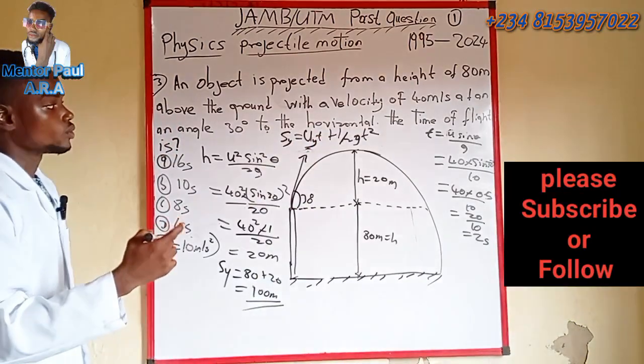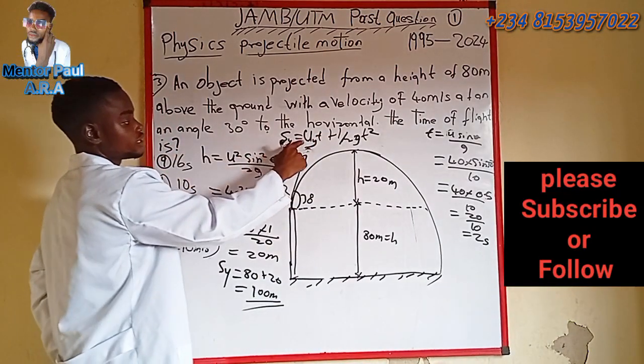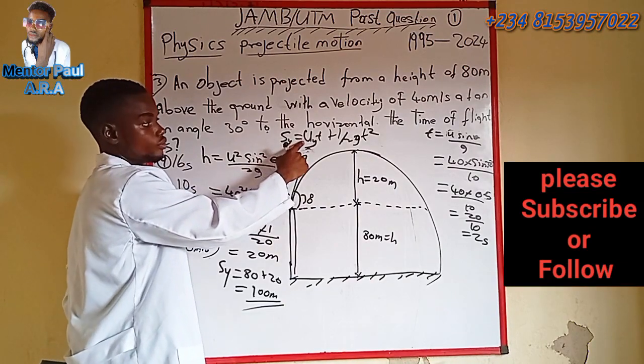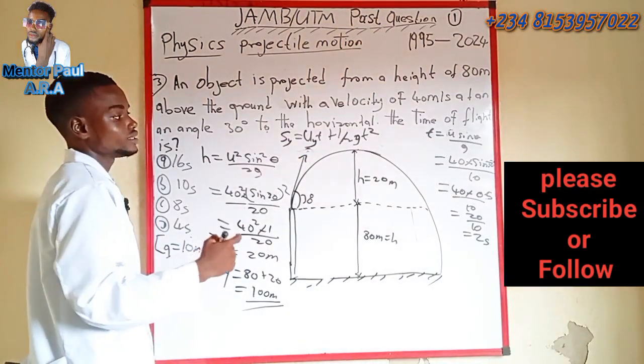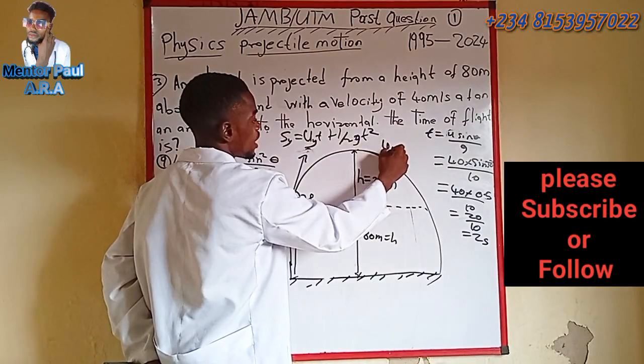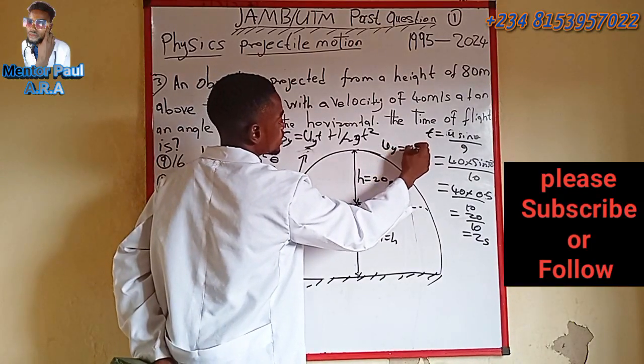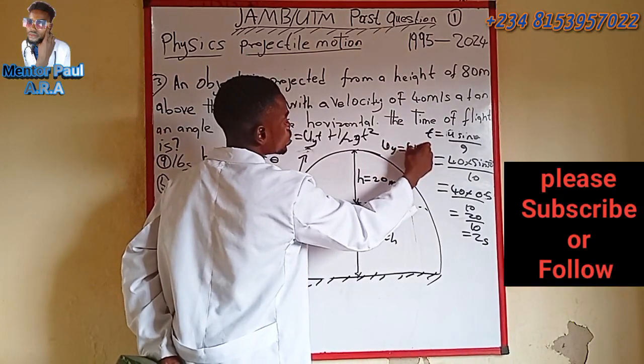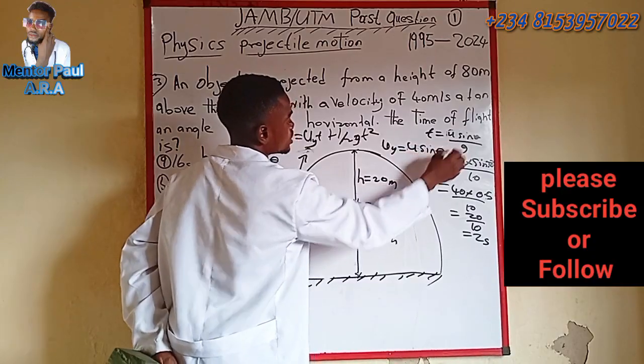Here, this is the vertical component of the velocity, and uy is equal to u sine theta.